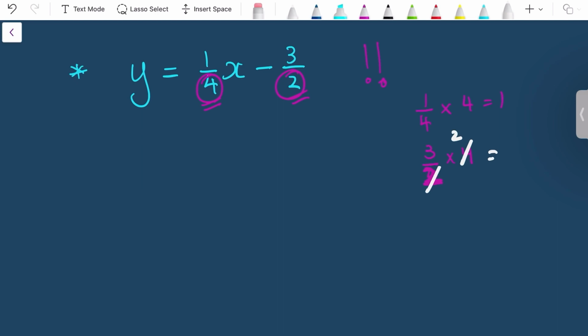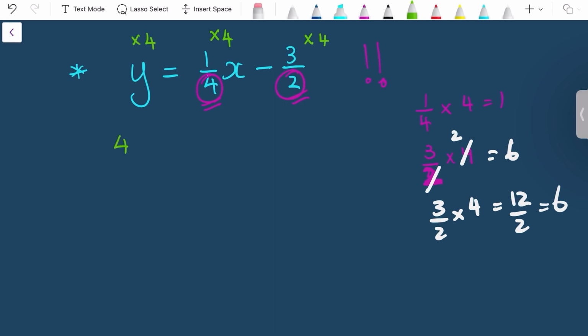And I will get 6. Or I can just do 3 over 2 times 4, which gives me 12 over 2, which is 6. So in order to turn these fractions into integers, I'm going to times that by 4, and I need to do the same there, times by 4 and times by 4.